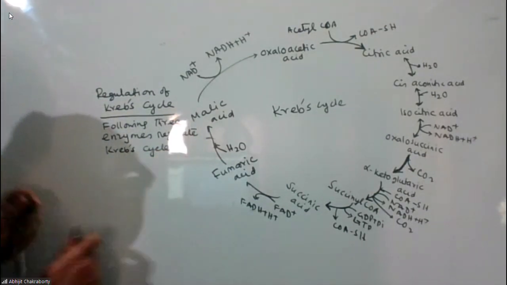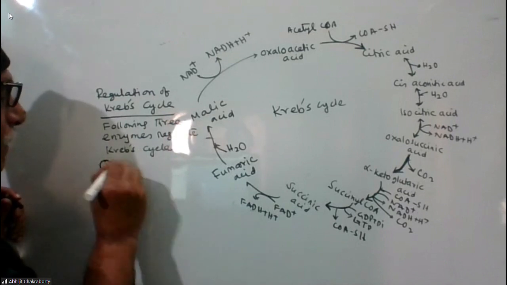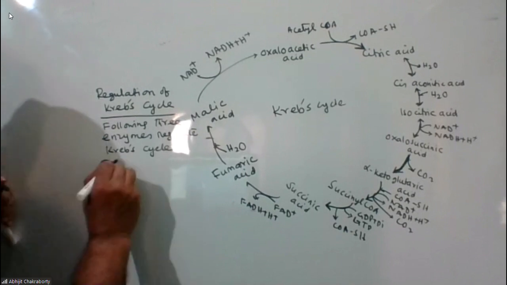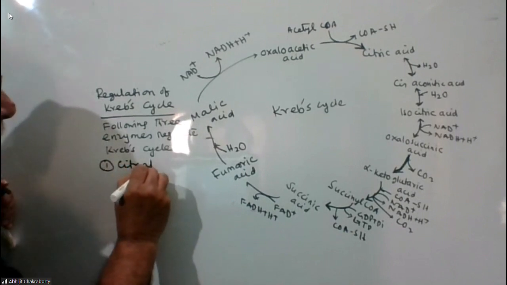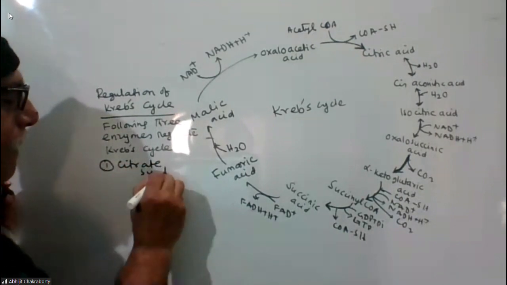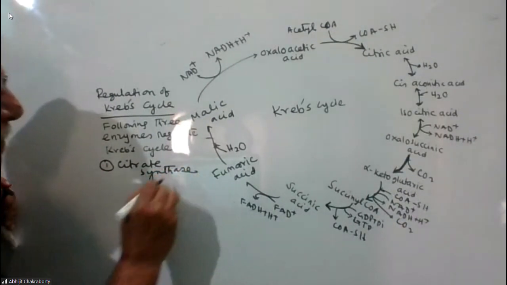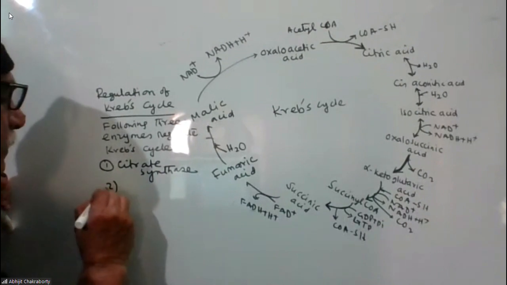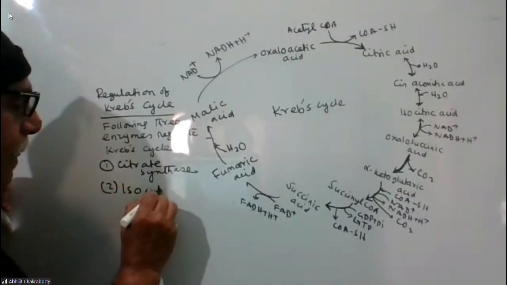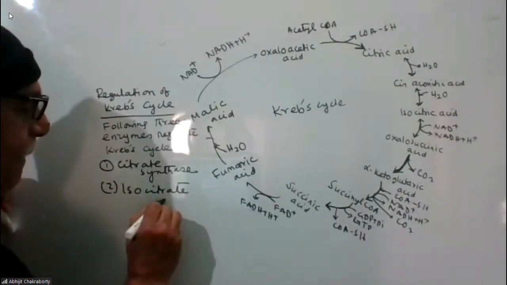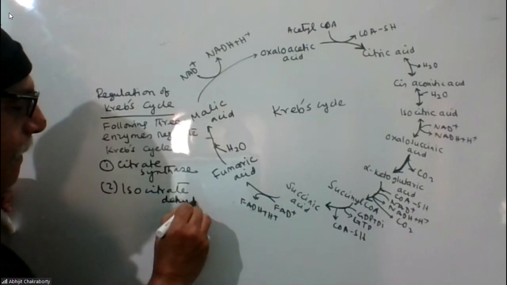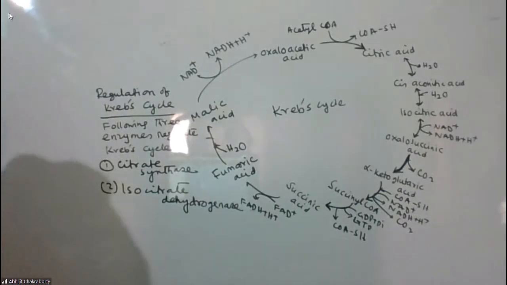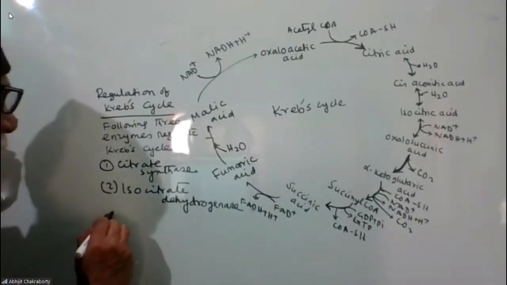The enzymes are citrate synthase, then isocitrate dehydrogenase, and lastly the alpha-ketoglutarate dehydrogenase.